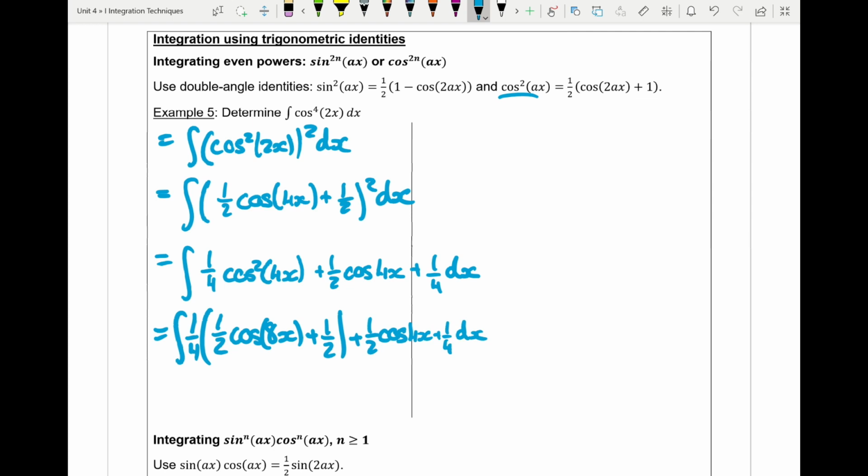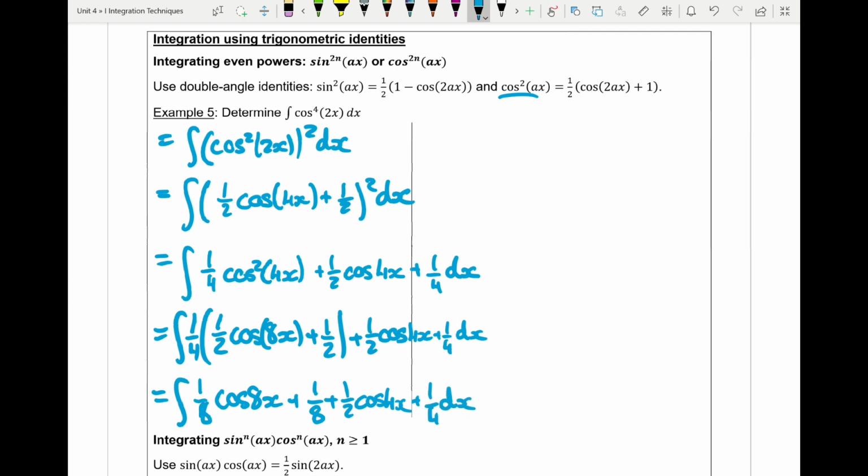What we can do now is expand and simplify, so we get 1/8 cosine 8x plus 1/8 plus 1/2 cosine 4x plus a quarter dx.